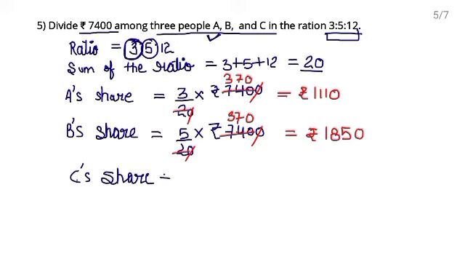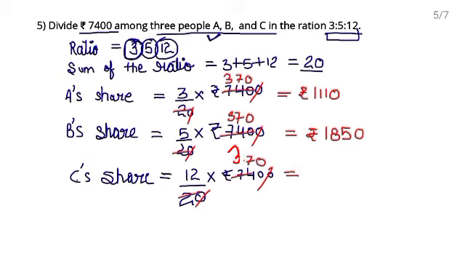Write the given share of C, which is 12. In the denominator, the sum of the ratios is 20, multiplied by the total amount which you are dividing, 400, multiplied by 7, 400. 0 to 0 cancel out. 2 3s are 6, 2 sevens are 14, 0.